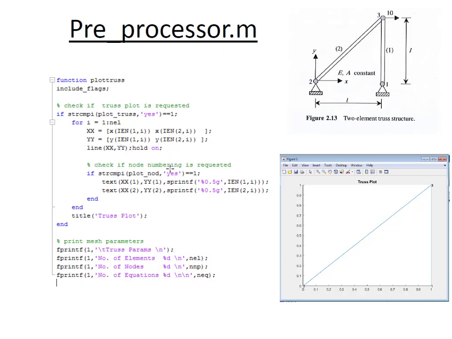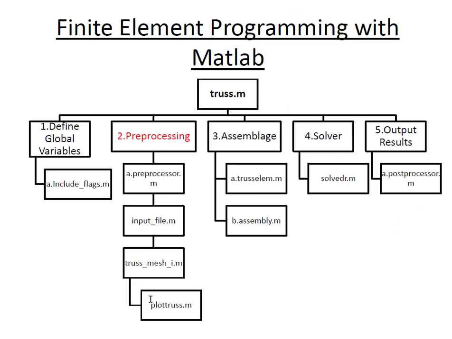The second step writes the node number on the plot for each of the elements. So for the first element, it's going to write node 1 here and node 3 here. And for the second element, it's going to write node 2 here and node 3 here. And this is just a regular plotting function. Once the code exits plot truss, it goes back to the preprocessing file.